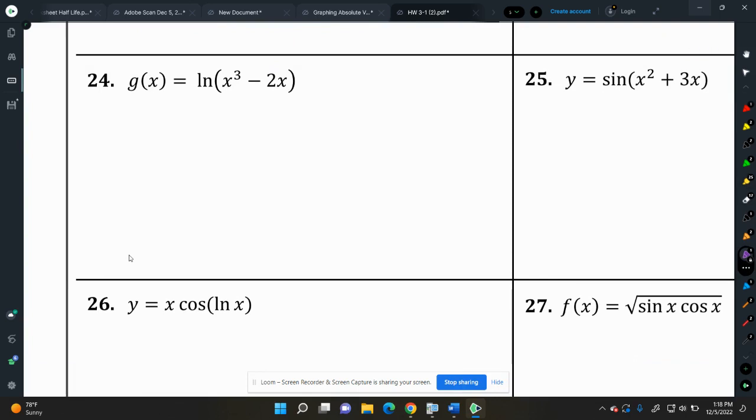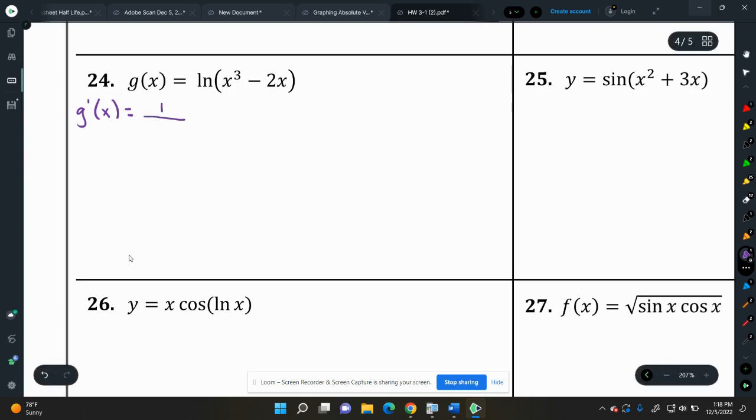Okay. So this one, you sub outside inside? Always outside, inside. Okay. No, no. Okay. I'll do it both ways. This one's a pretty easy one. g prime of x equals. What's the derivative of the natural log of something? 1 over.